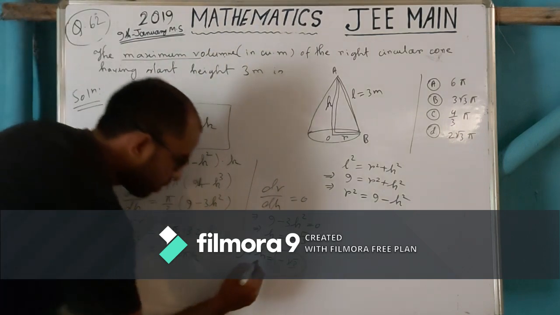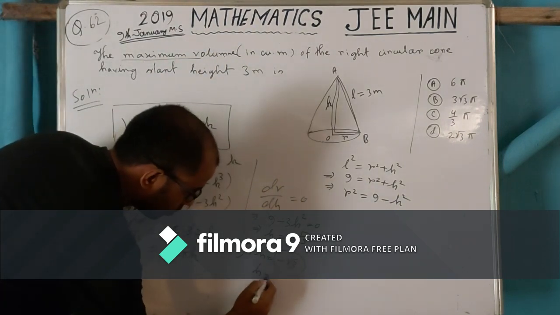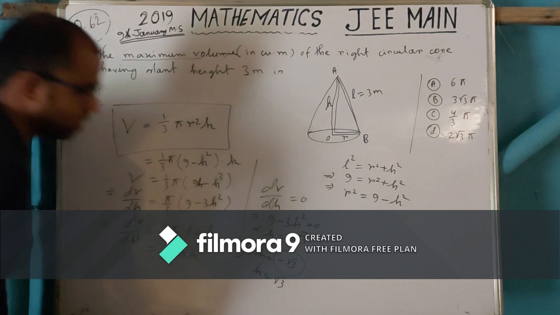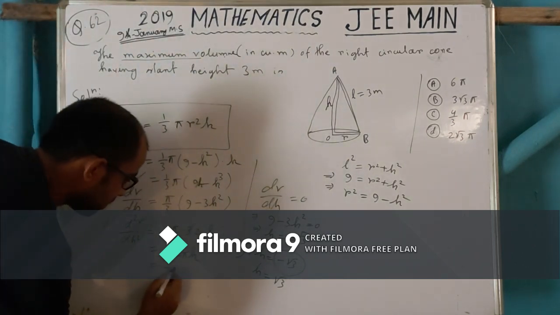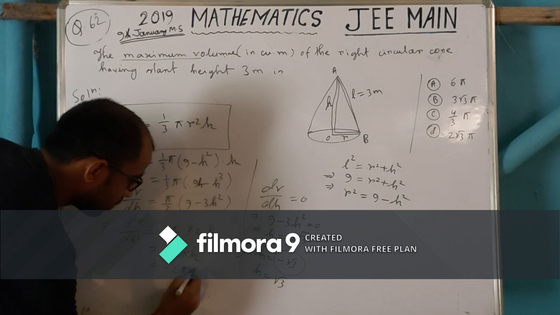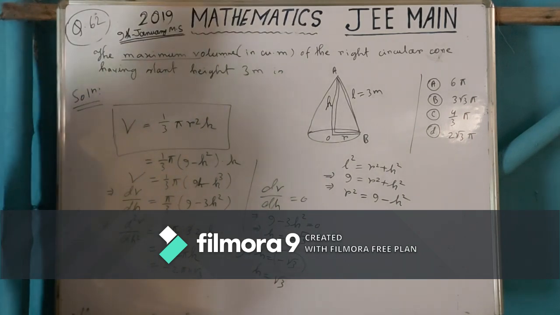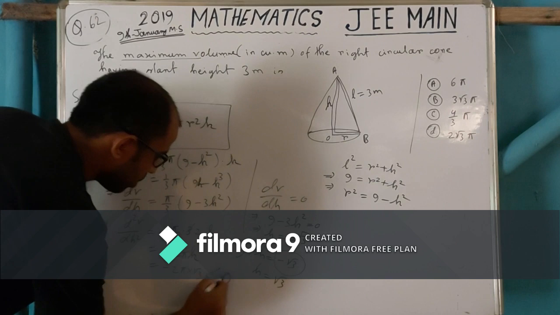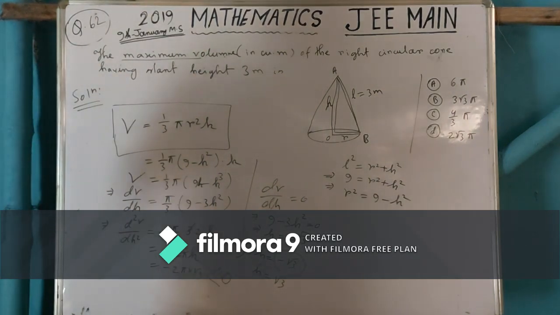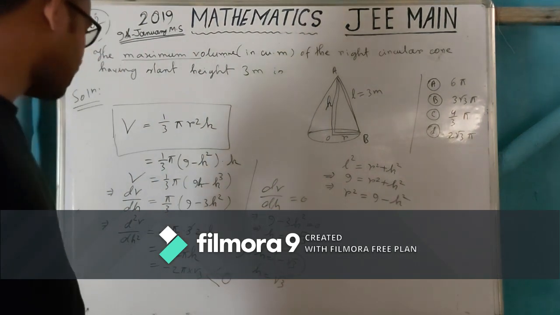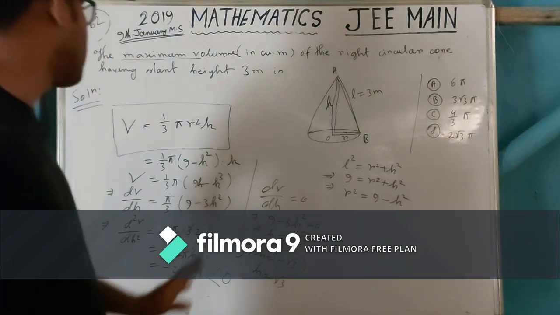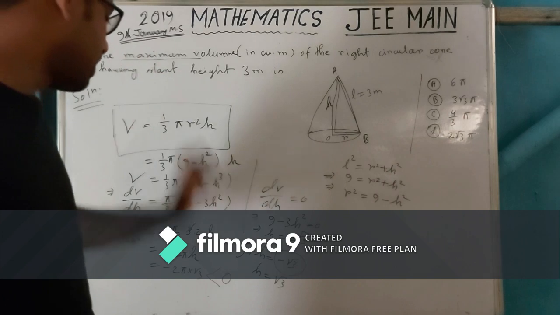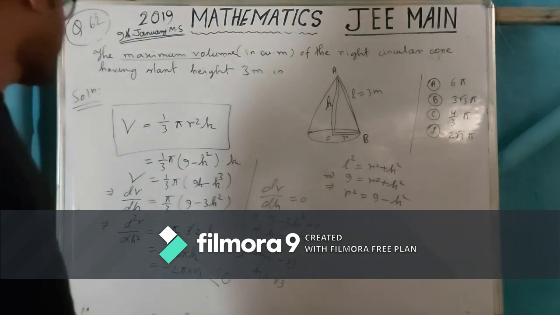If we choose h equal to plus root 3, this value will be negative, equal to minus 2 pi into root 3. So at h equal to root 3, we get the maximum volume of the right circular cone.